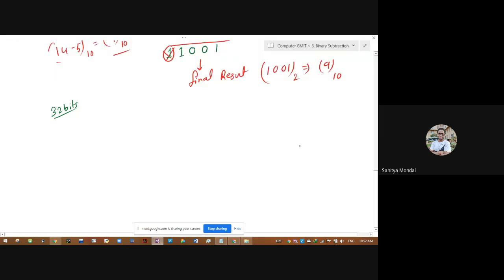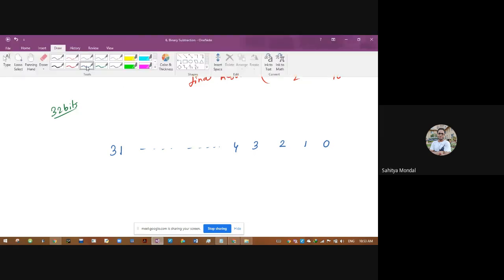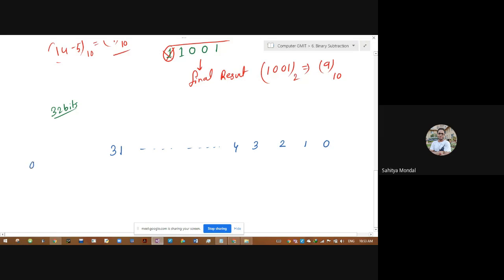If I am representing the same thing in 32-bit order, so 0, 1, 2, 3, 4, in this way we can go to 31. So in total how many positions do I have? 32 positions. Now first, what is our A? A is our 14.